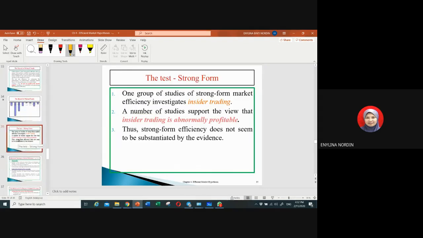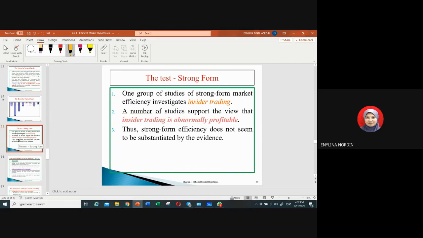The next one is the test for strong form. The strong form test here is to determine whether the investors who own or obtain inside information are able to earn abnormal returns or not.